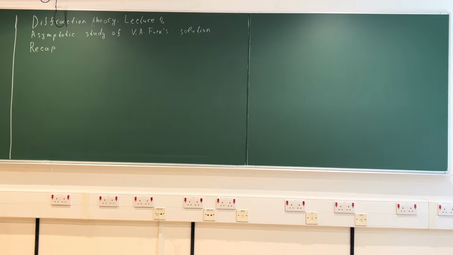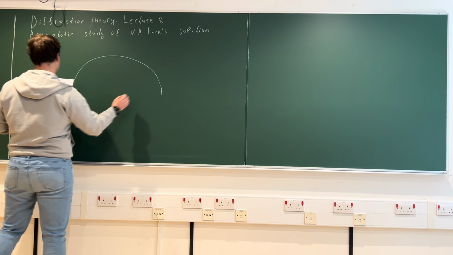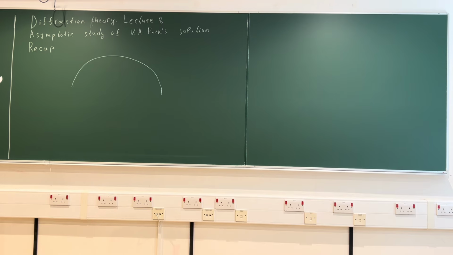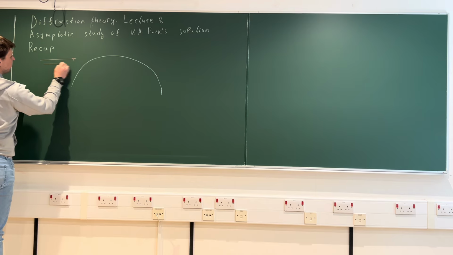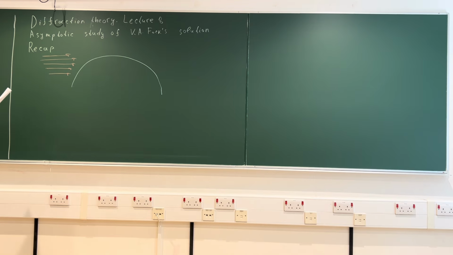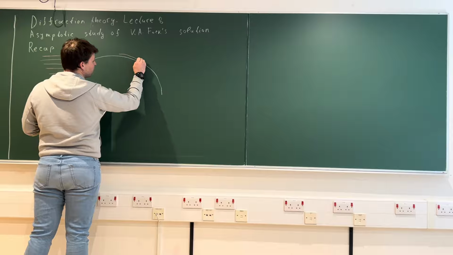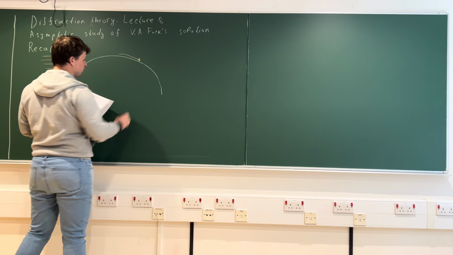So what we had? We had a cylinder. Then we had a Green's plane wave coming, propagating towards the cylinder. Then we had some weird coordinates. We had a coordinate going along the surface of the cylinder.